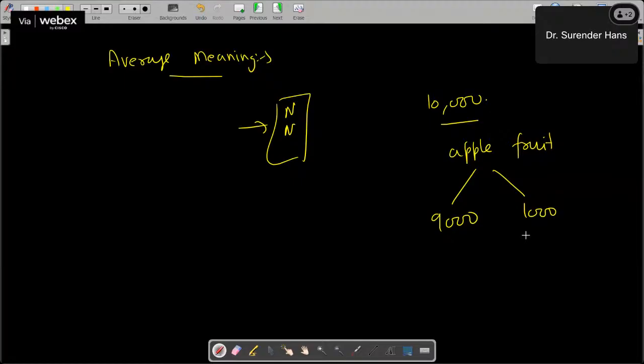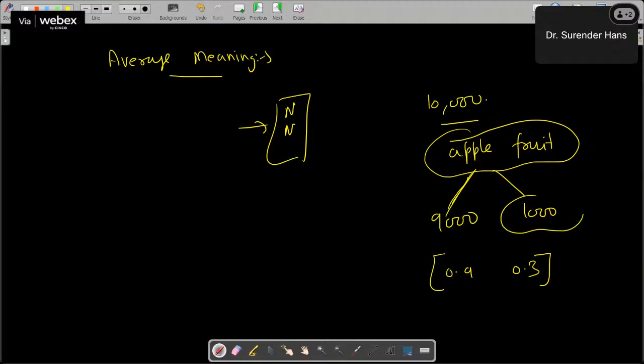Then obviously the overall vector that will be formed will probably look something like 0.9 and 0.3, this one being apple as a fruit, 9,000, and this 1,000 as a company.